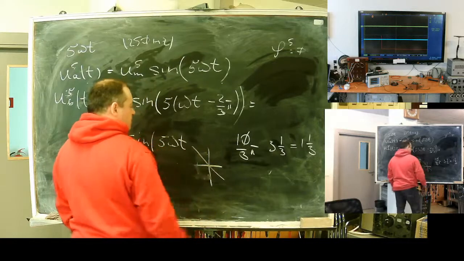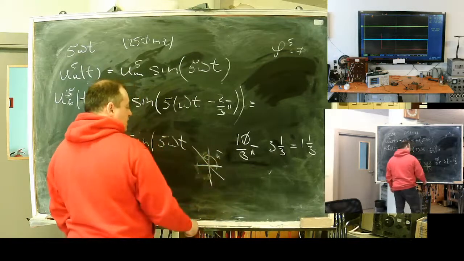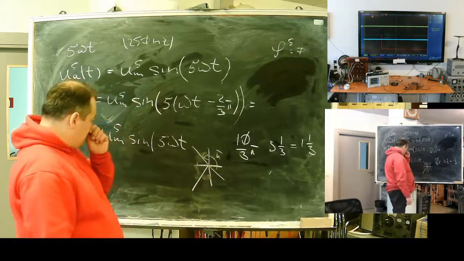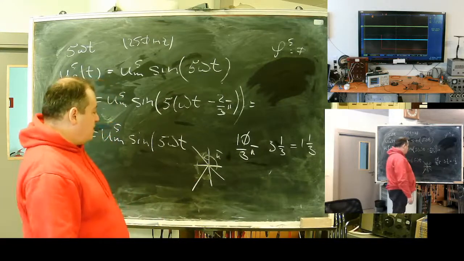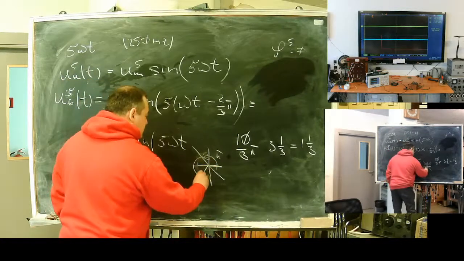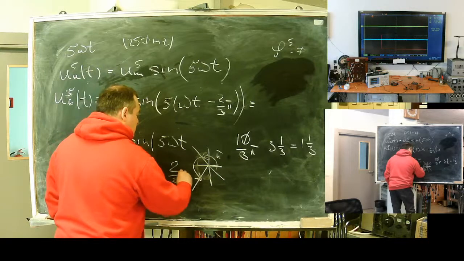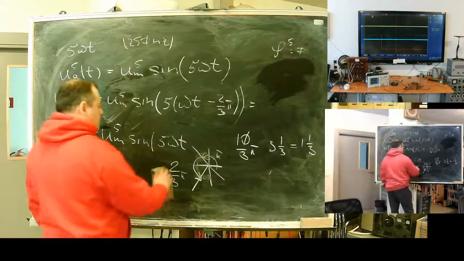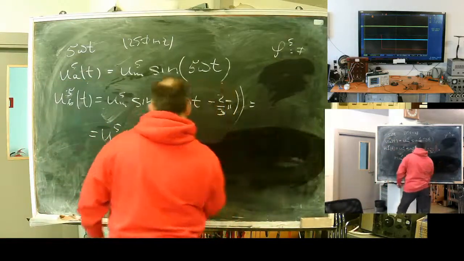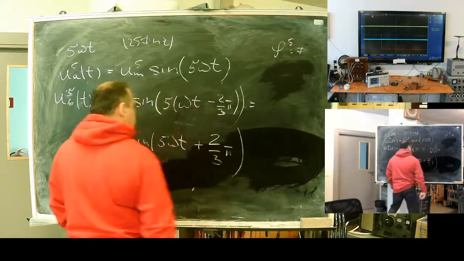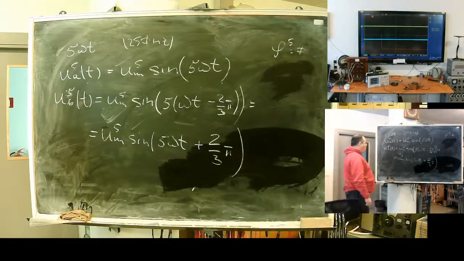A full rotation of pi will bring us there, plus 1/3 will bring us here, and relative to this vector it is nothing else than 2/3 of pi. Whoa.